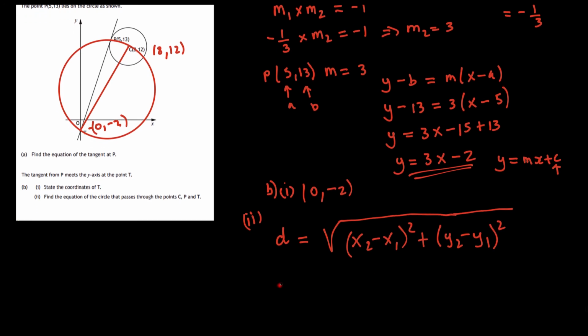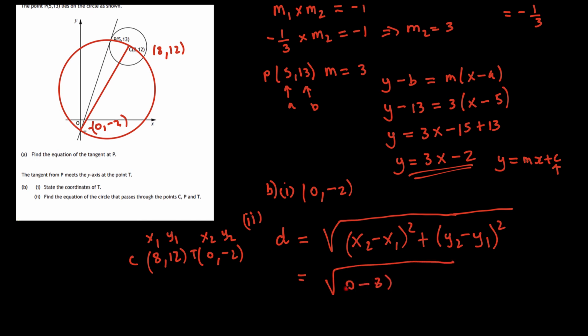Let's call the coordinates of C x1, y1 and T, which is (0, minus 2), x2, y2. So that's 0 minus 8 all squared plus minus 2 minus 12 all squared.